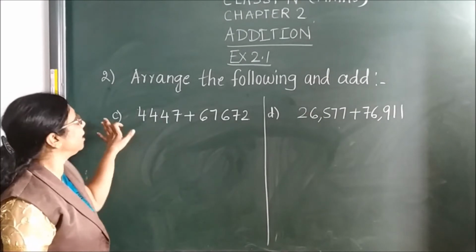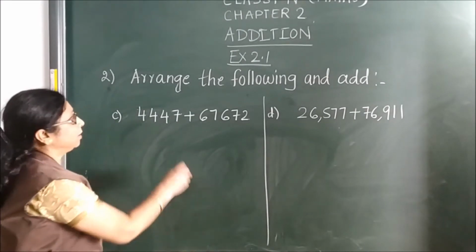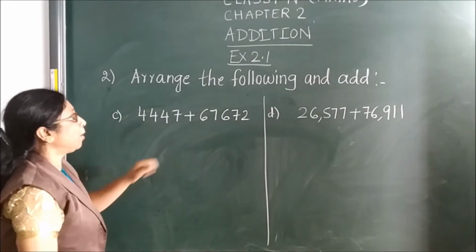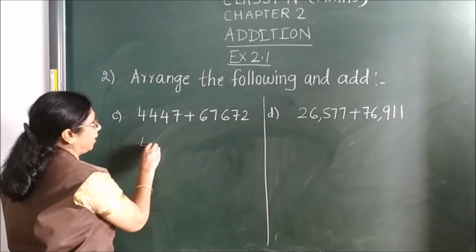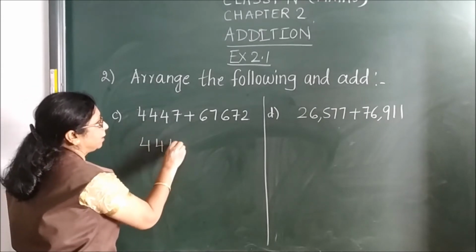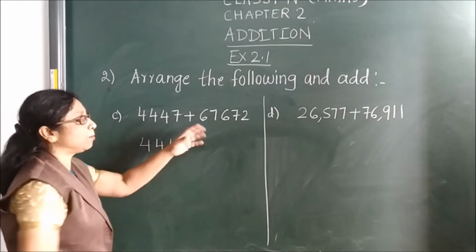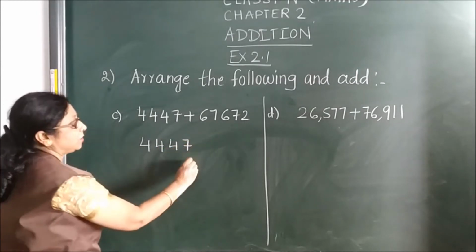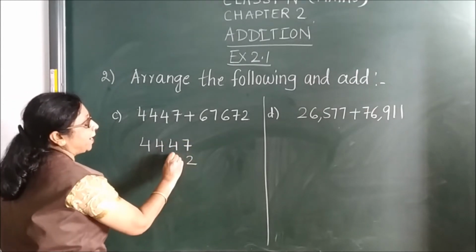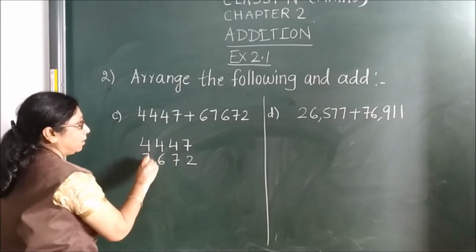Now we'll see the C sum. Arrange in the proper order, that is in the vertical way. First we'll arrange in the vertical way. The question is given in the form of horizontal way. So start writing from the right and move to the left.